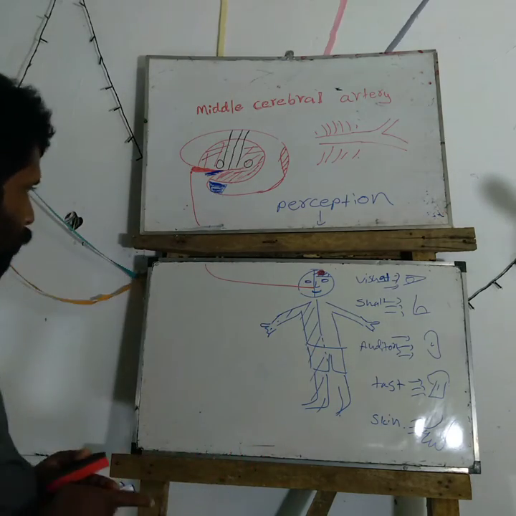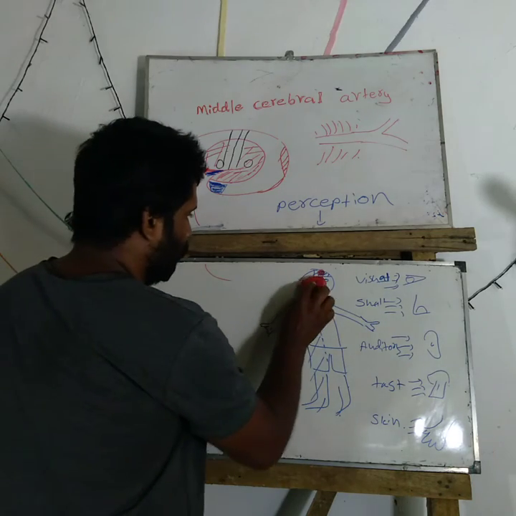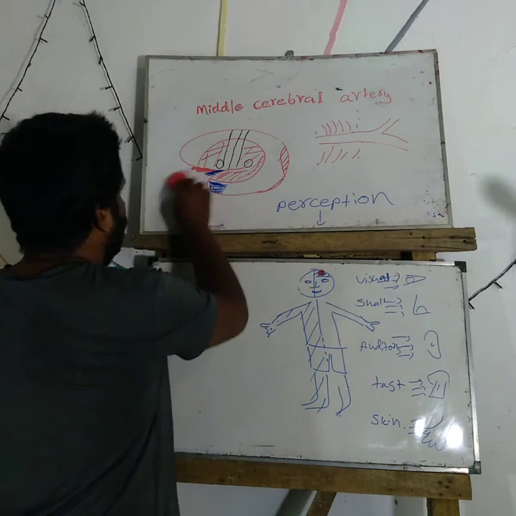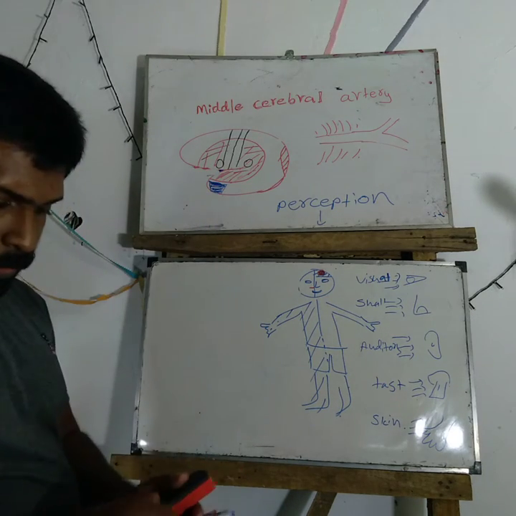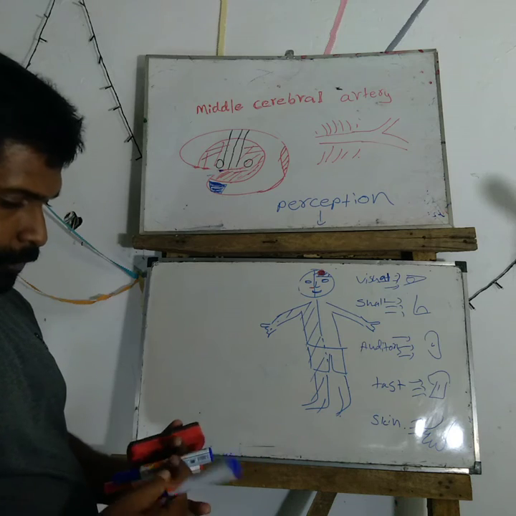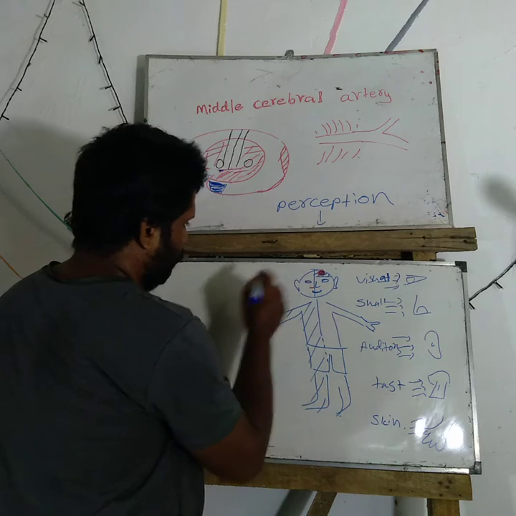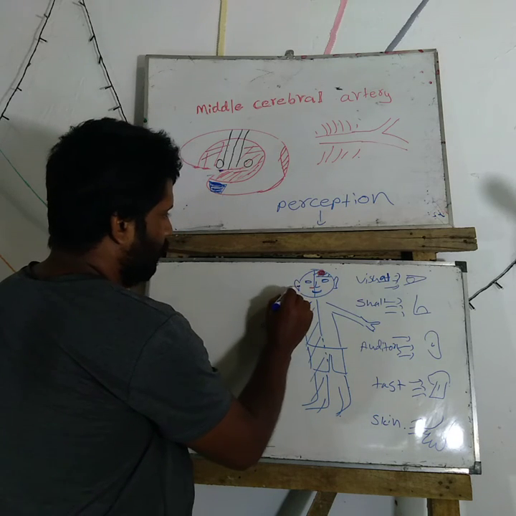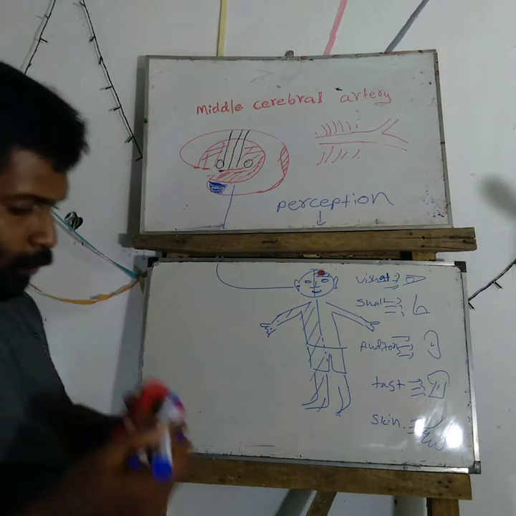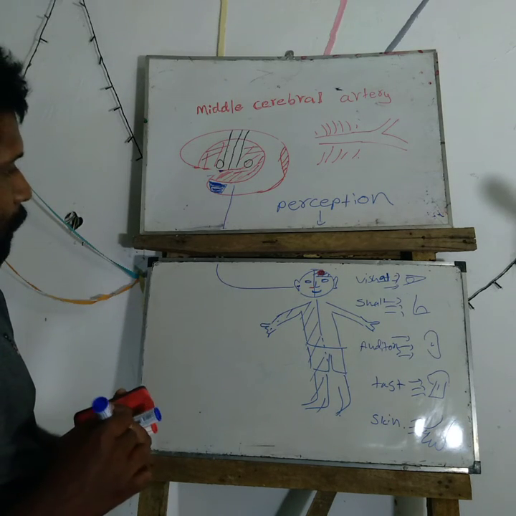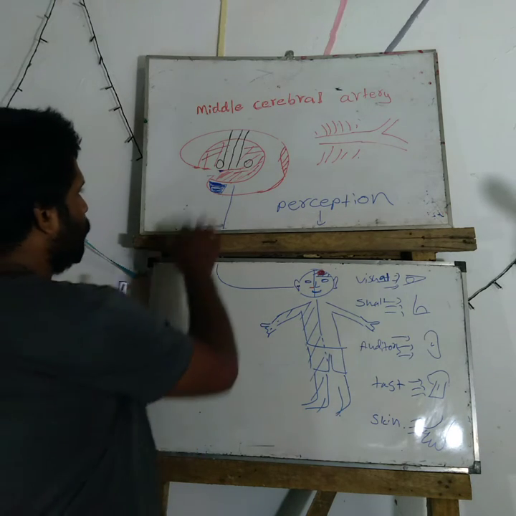The auditory supply. Auditory supply to the ear connects to the temporal area, the auditory area, supplementary auditory area.